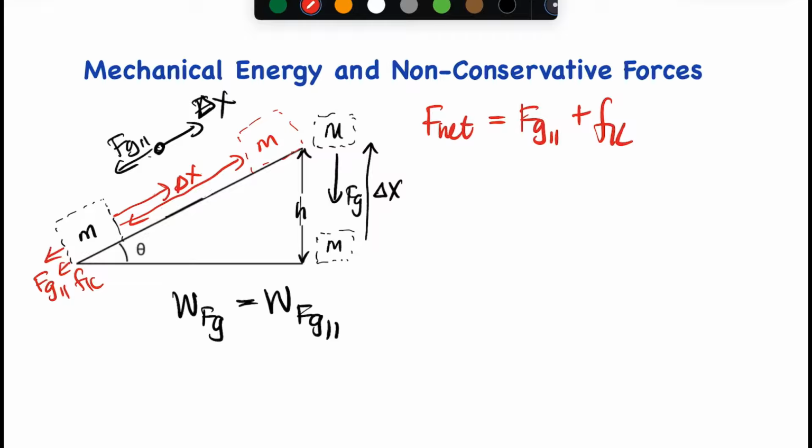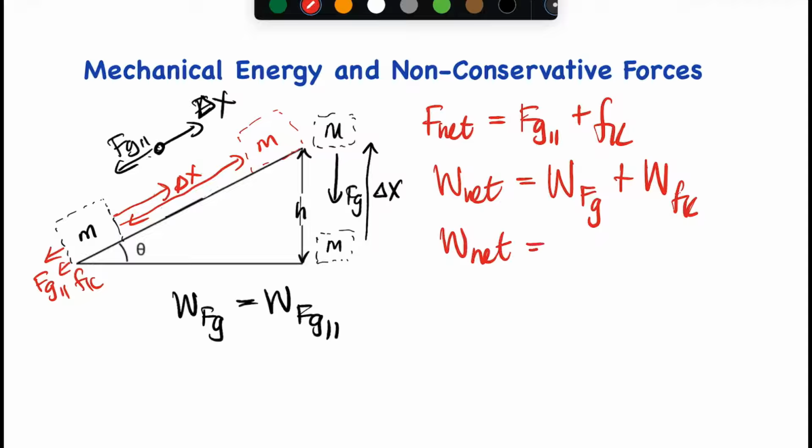Now, here we have an F net, the conservative force and the non-conservative force. Let's derive this: the work done by the net force is equal to the work done by the conservative force, which is the work done by gravity, plus the work done by the non-conservative force, which is the friction Fk. I'll put it this way: WC is the work done by the conservative force, and the friction is the work done by the non-conservative force.